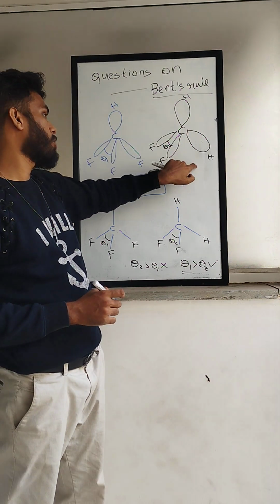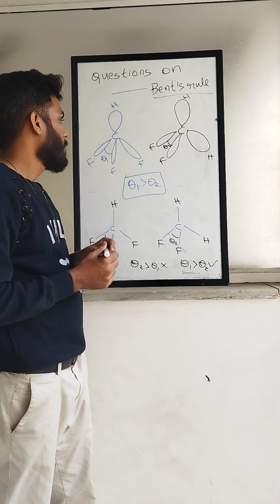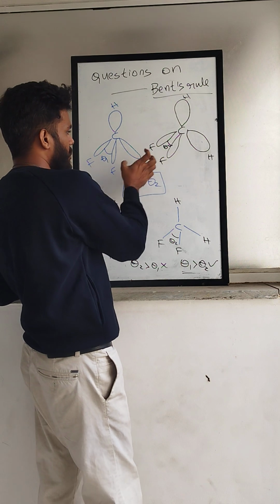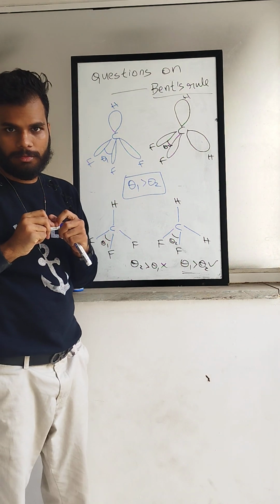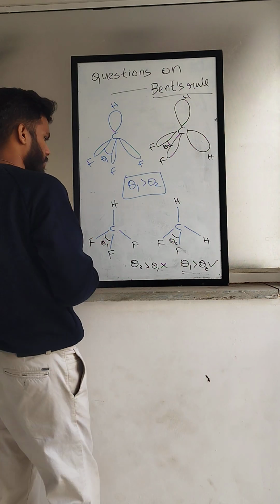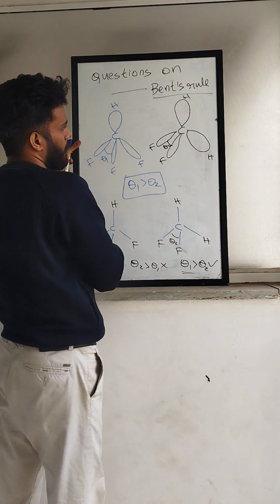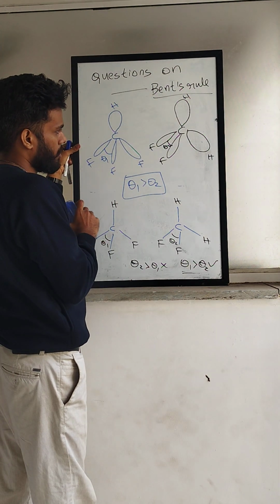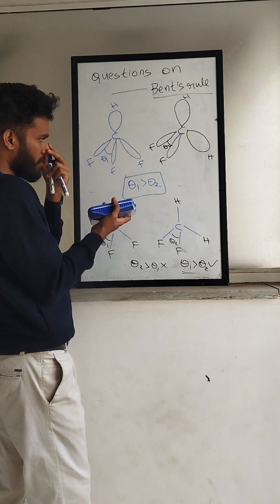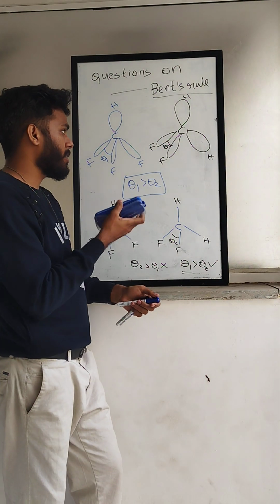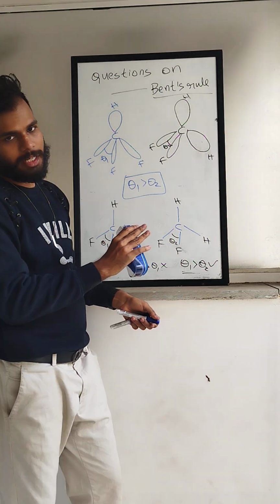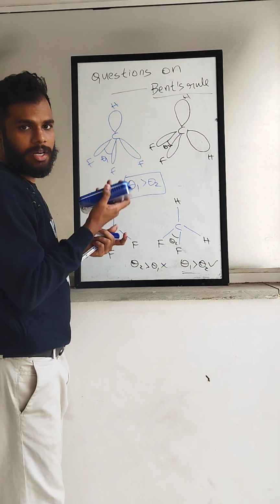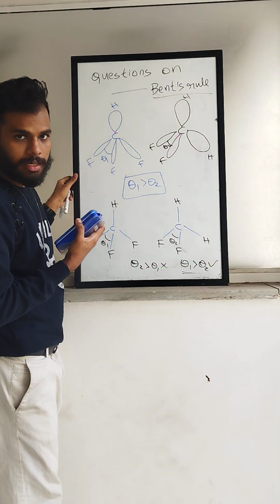Here you have two bulky orbitals and two slender orbitals. So here there will be more repulsion and here it will be less repulsion. Okay, good. I hope this question is clear to you. You can get a similar question with chloroform and CH2Cl2 as well. Same concept, because both fluorine and chlorine are more electronegative than hydrogen.